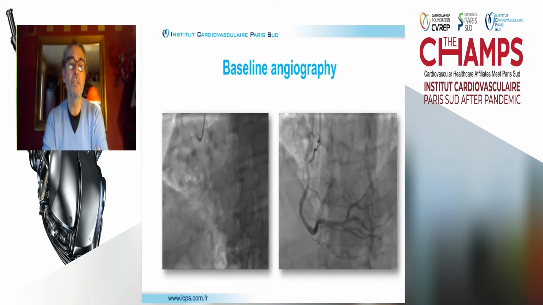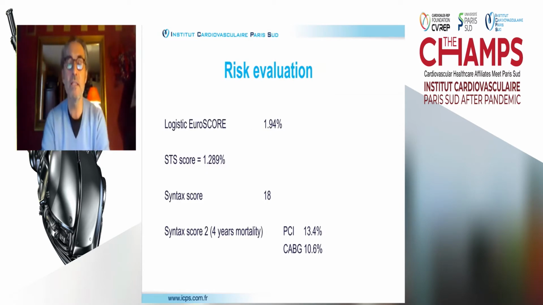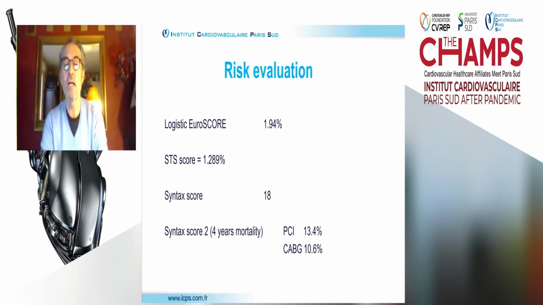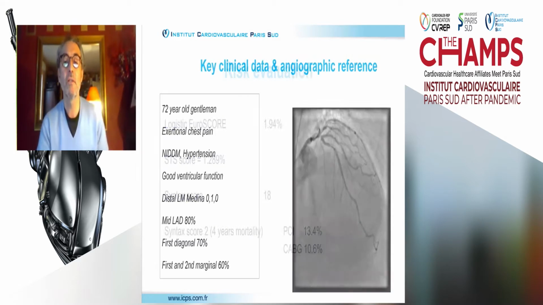So the logistic EuroSCORE was less than 2%, and the SYNTAX score was 18. For SYNTAX 2, the mortality at 4 years is a little bit more than 13% for PCI, and a little bit more than 10% for CABG.